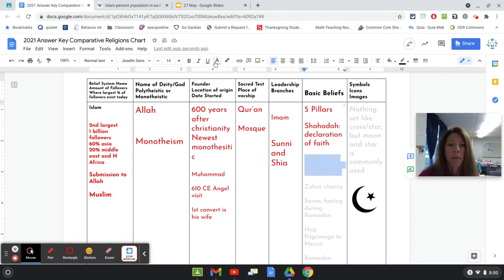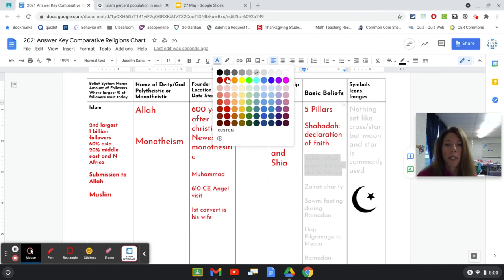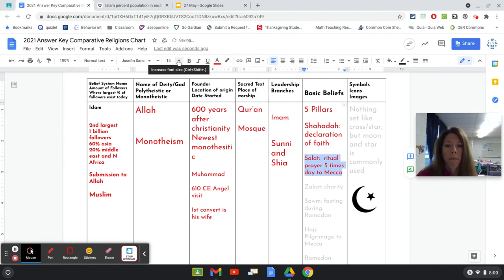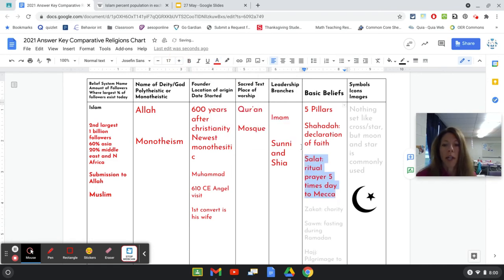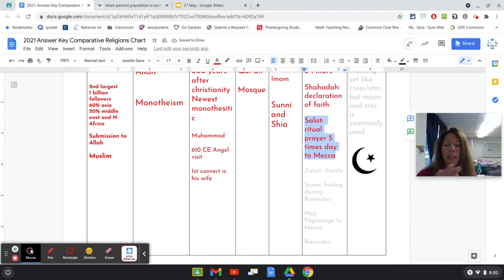is, let me glue this one up for you, please. I hope this worked better than me trying to write, because you notice that my handwriting is not always the best. All right, Salah is ritual prayer 5 times a day facing towards Mecca.